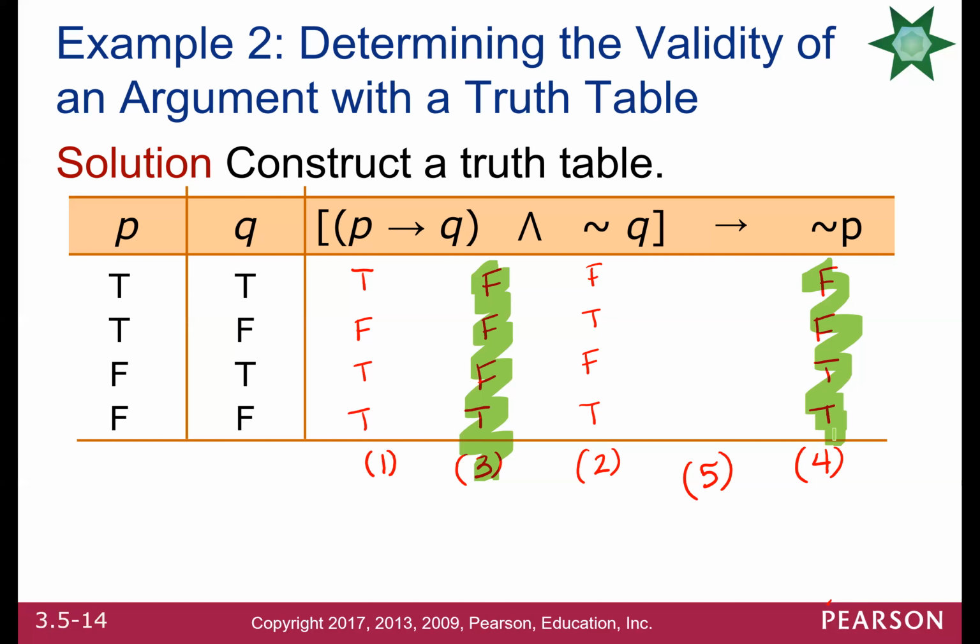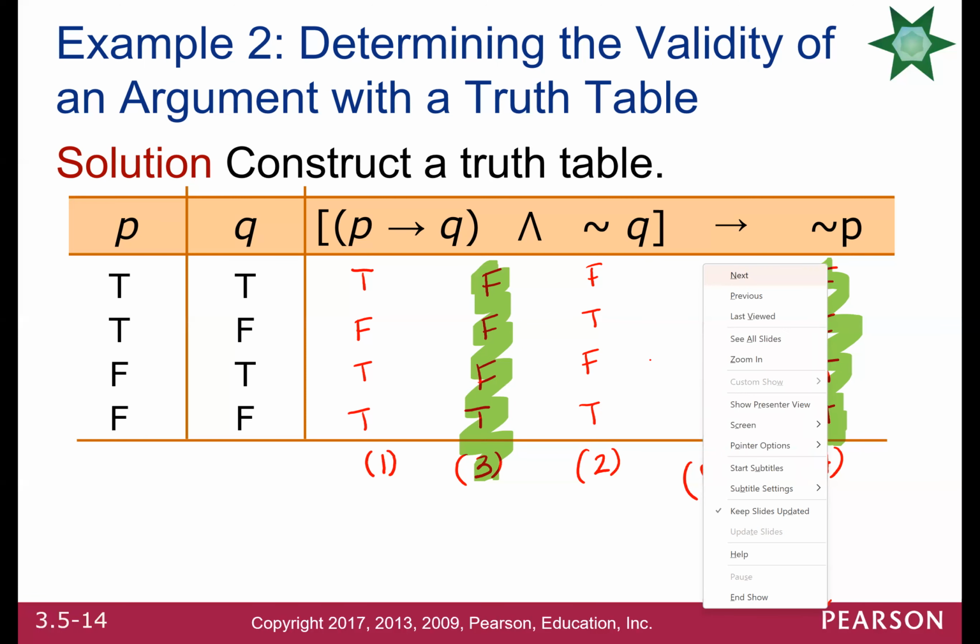For each case, the antecedent is either false, which makes the conditional true, or in the last case, case 4, the antecedent is true, but the consequent is also true. So for each one of these, we get a true logical value. So they're all true, is what I'm trying to say.